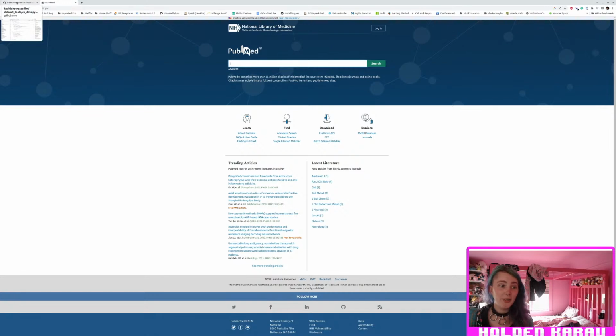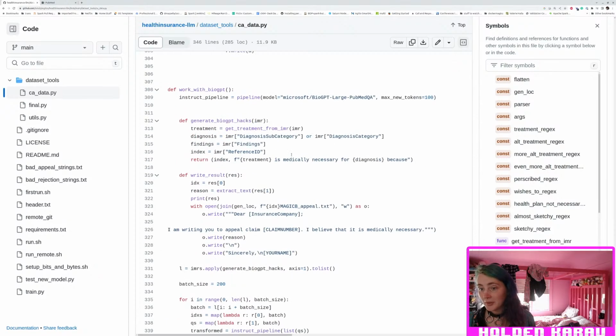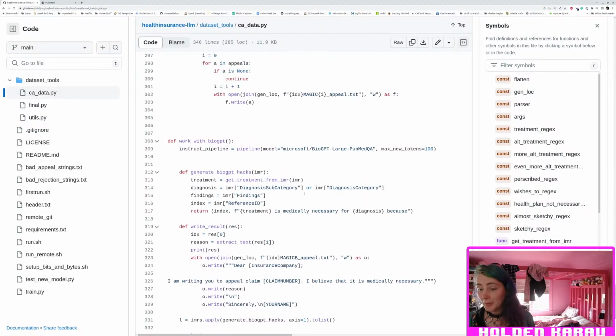The reason I figured we could use that to generate appeals is that it tends to have interesting information about why things are medically necessary. So we use the PubMed model. Here we see the prompt for PubMed is "treatment is medically necessary for diagnosis because," and then we generate that with BioGPT. I think it's pretty cool.